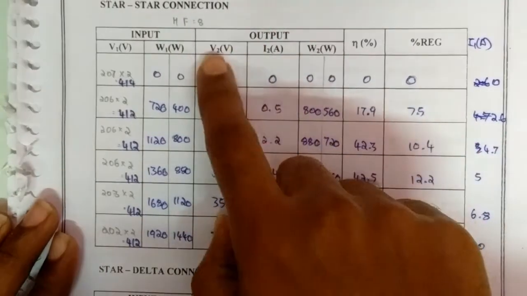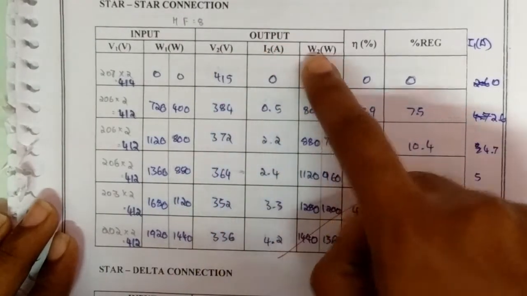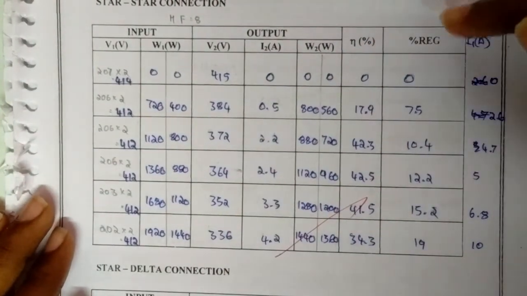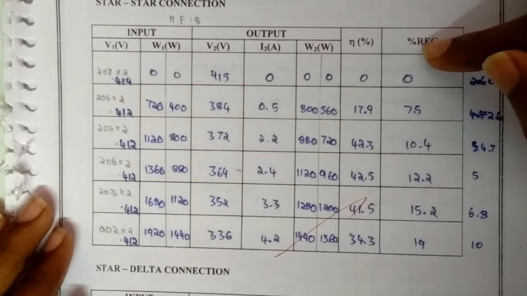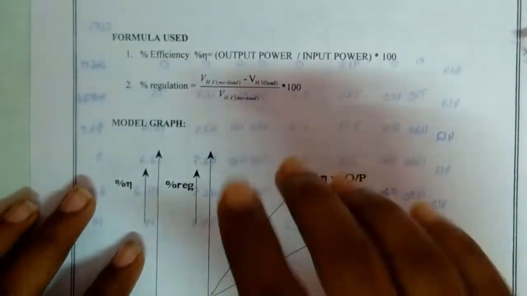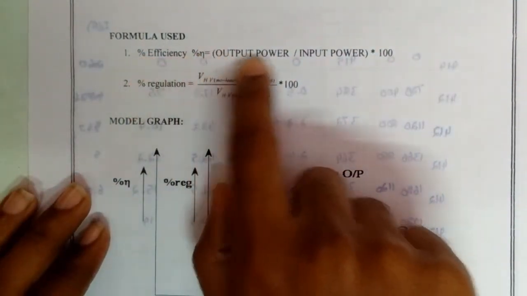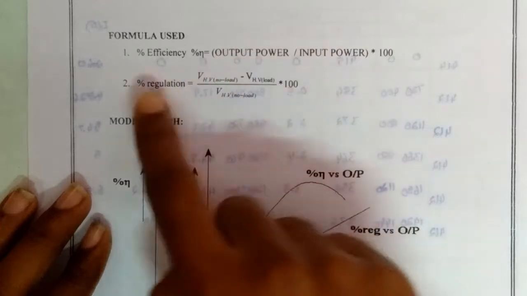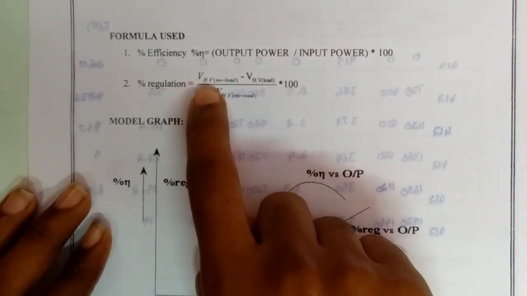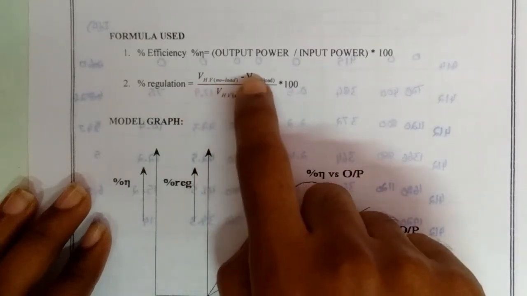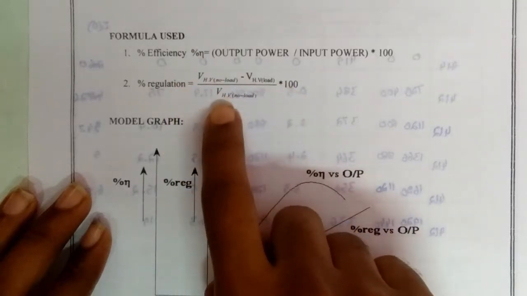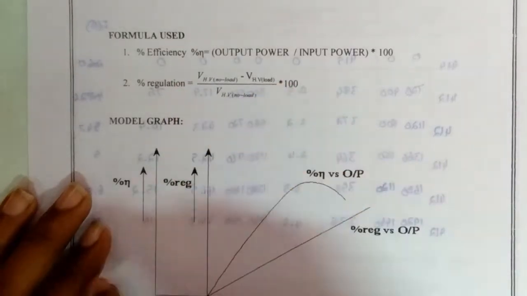And then for output, voltage, current, and wattmeter reading, and efficiency, and finally the regulation value. So the formula used will be efficiency is equal to output power by input power into 100, and the percentage regulation will be VHV at no load minus VHV at full load by VHV at no load into 100.